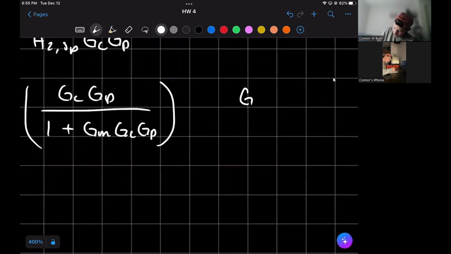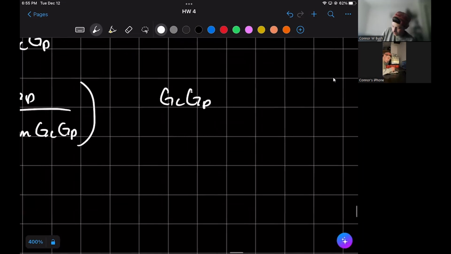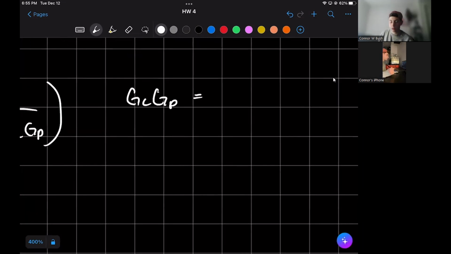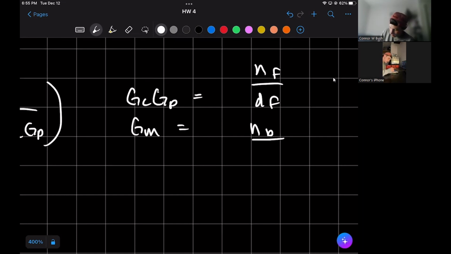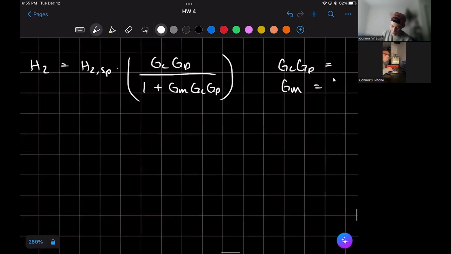If we define GC, GP as the forward transfer function, we know that transfer functions have a numerator and a denominator. So we can call this NF for numerator forward, and the denominator forward is DF. And if GM is the backwards one, we can say NB over DB.